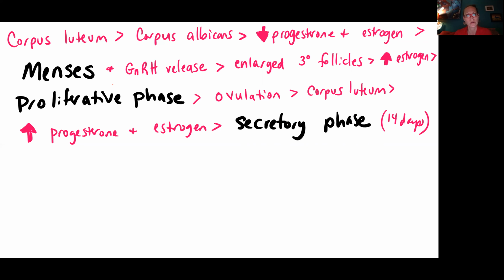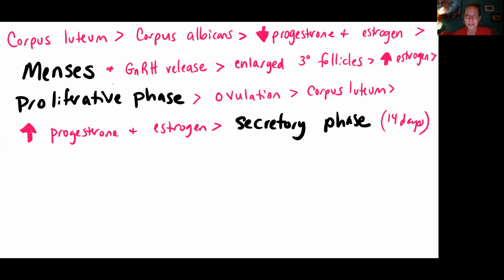And so this is starting off the production of FSH, which is going to trigger enlargement and increased activity of those tertiary follicles in the ovary. As those follicles enlarge, we're going to increase our production of estrogen, which is going to initiate the proliferative phase in the uterus. So we're going to start building back up that functional lining.